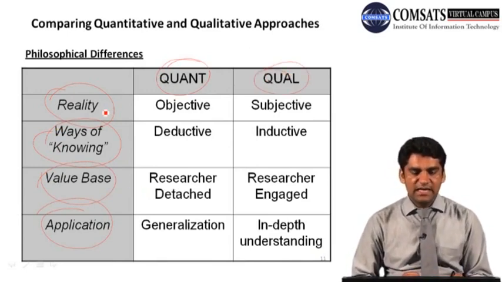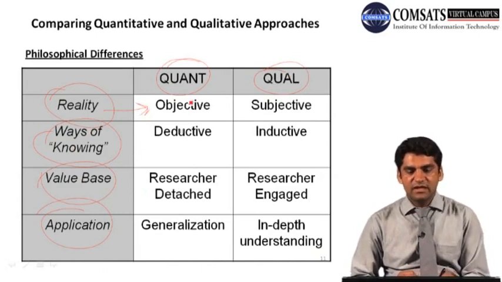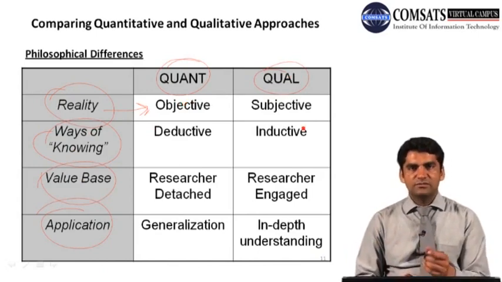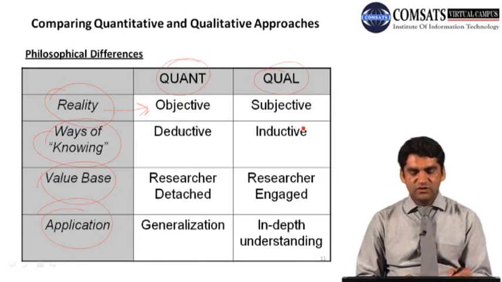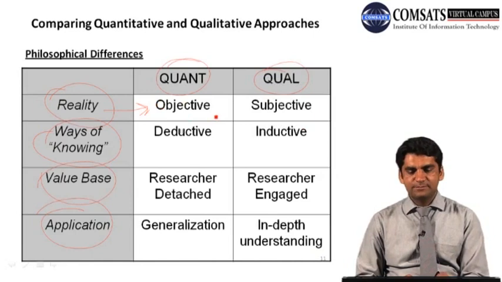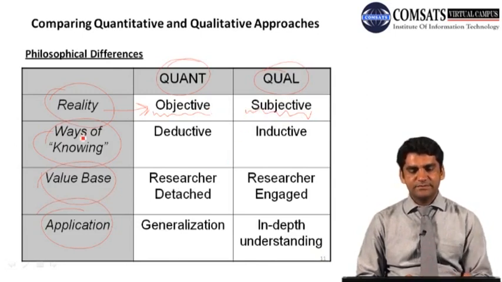When it comes to reality, we have seen in the research philosophy there are objectivism and subjectivism, and you know by now what is objectivism and what is subjectivism. So when we want to see reality in quantitative analysis, it is objective in nature, but when we want to see reality in qualitative, it is subjective in nature.